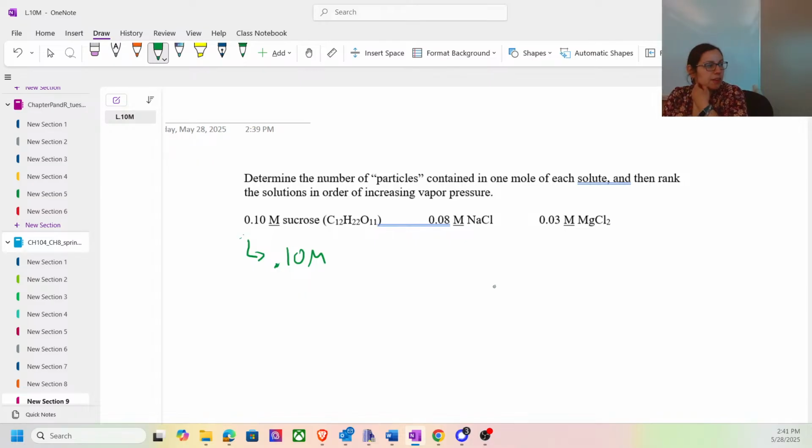It's its Van Hoff factor. So how many particles would you get from 1 sodium chloride?